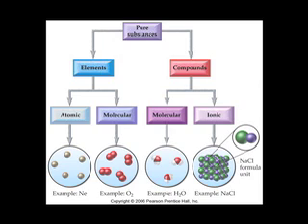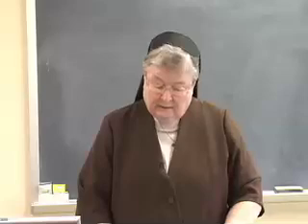And compounds then also are of two types. They are molecular, that is they are individual molecules, or they're ionic, in which charged particles are conglomerated together into an array. So study that table, and that'll give you a view of the molecular aspects of elements and compounds.